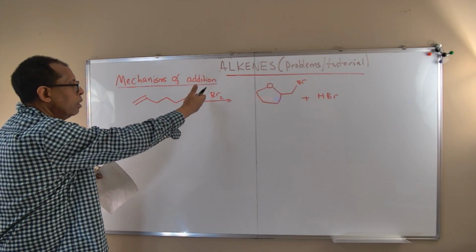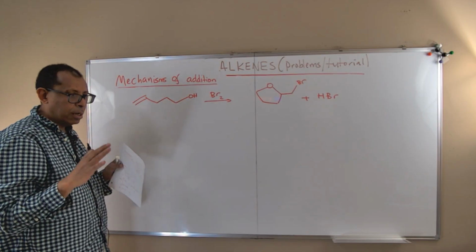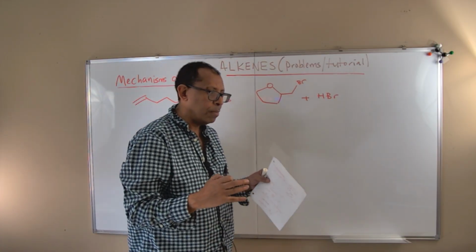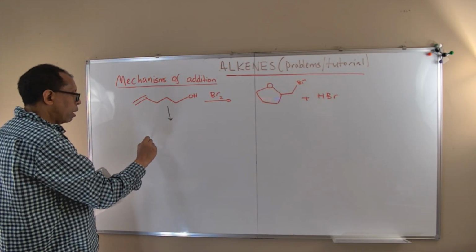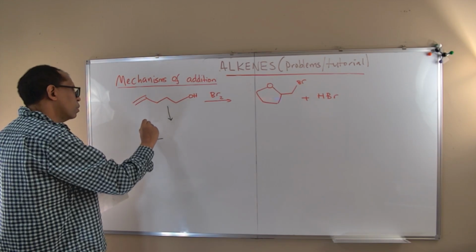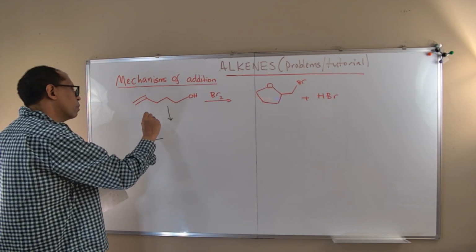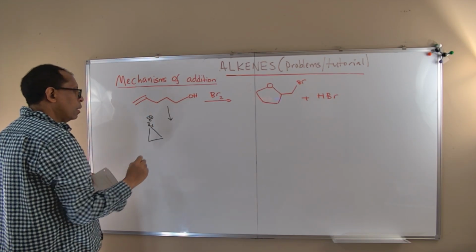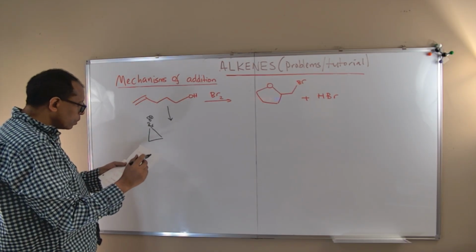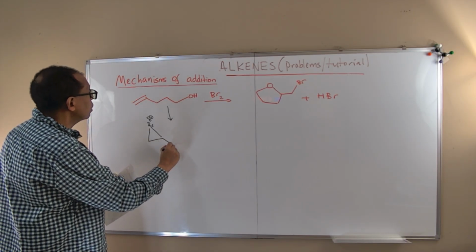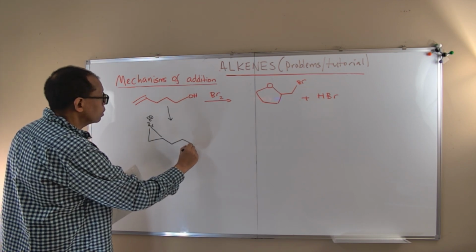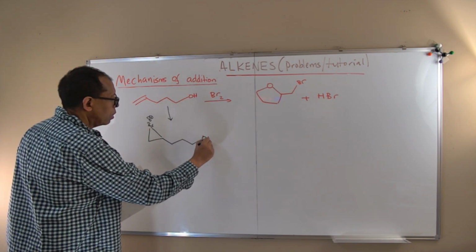Remember that when Br2 reacts, it doesn't go through a carbocation. The bromine makes a bridge, so it's a bromonium, with sigma plus, like that. And you would have the OH.